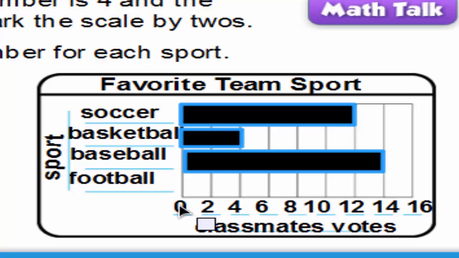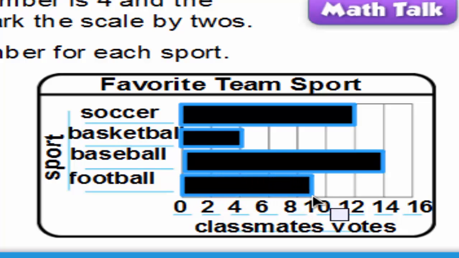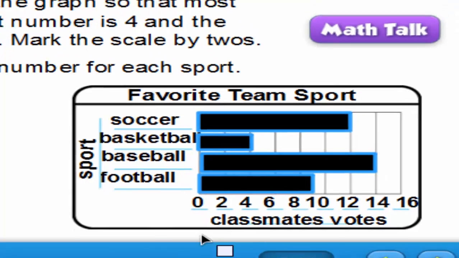Uh-oh, we have 2, 4, 6, 8, 10, 12. 9 is an odd number. It's not even. So where do I make the bar end for 9? That's right. I heard you say that, boys and girls, between the 8 and the 10. And that is how we make a bar graph.